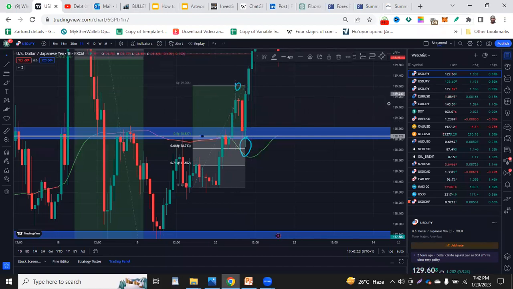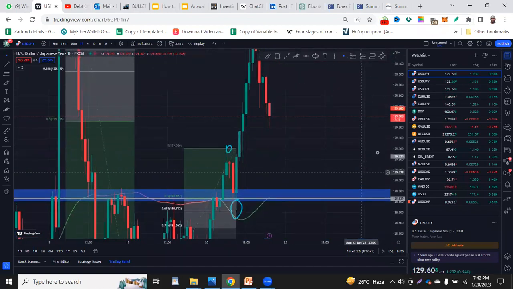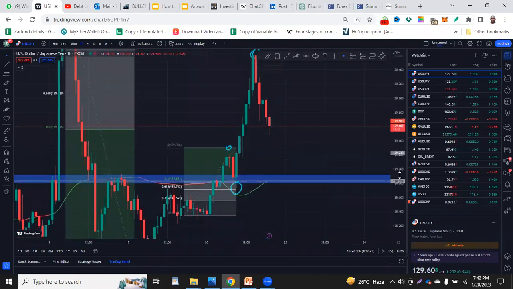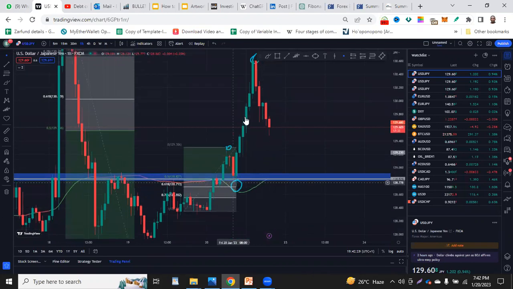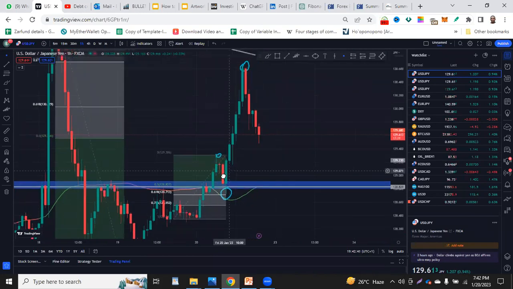This move, guys, today, this move alone did over 170 pips. This move you see right here. And this was just a simple setup you would have done with the Fibonacci movement. Right?